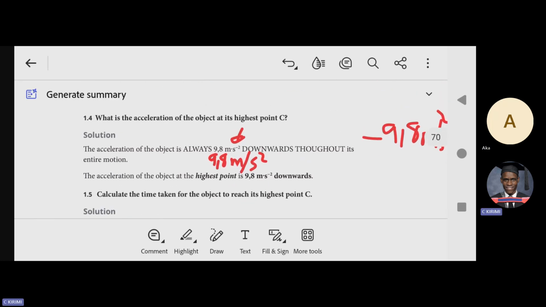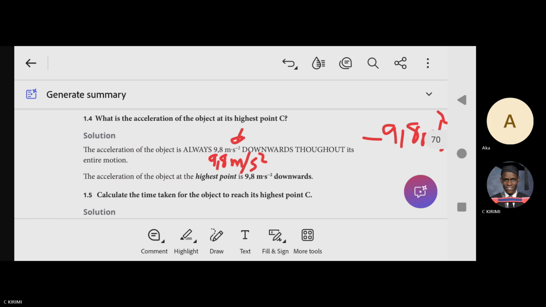Then 1.5, calculate the time taken for the object to reach its highest point C. Calculate the time taken for the object to reach its highest point what?